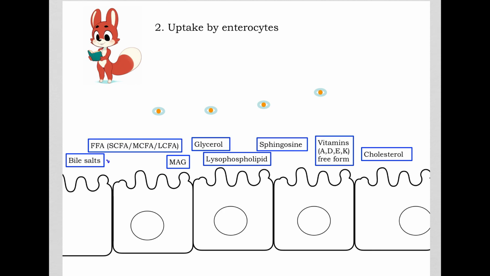So the dissociation of the micelles will release bile salts, a variety of free fatty acids, including short chain, medium chain, long chain, a little bit of monoacylglycerol, glycerol, the lysophospholipids, sphingosines, the non-esterified or the free form of the vitamins, as well as the non-esterified form of cholesterol or free cholesterol. So let's look at how these lipids are absorbed into the enterocyte.